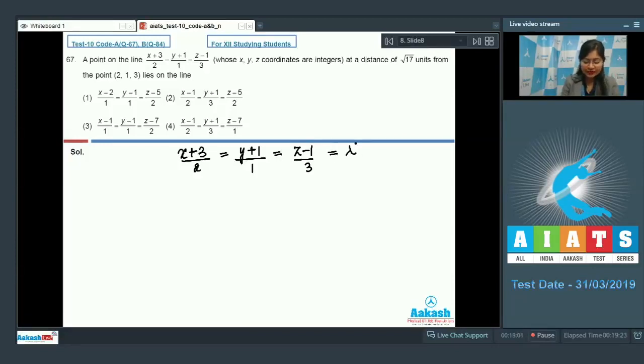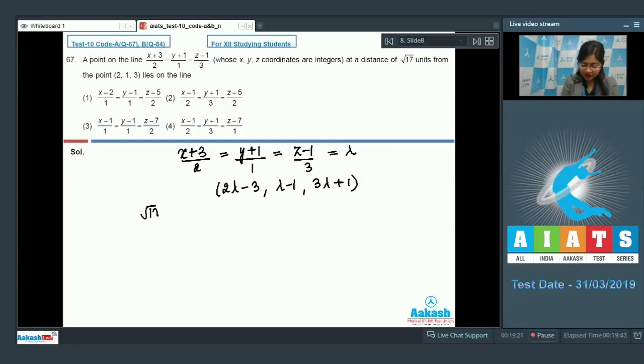So let us assume it equal to lambda, so that a point on this line can be assumed as (2 lambda minus 3, lambda minus 1, 3 lambda plus 1). This is a general point on this line. So it has been given that its distance from the point (2, 1, 3) is root 17.